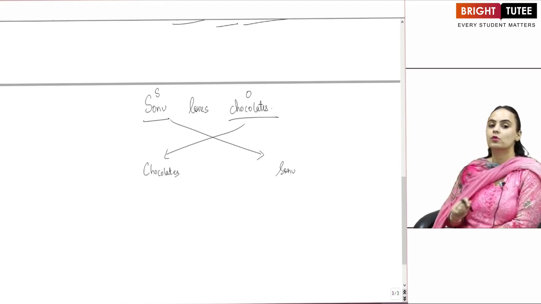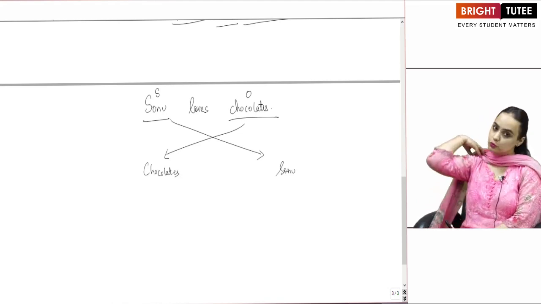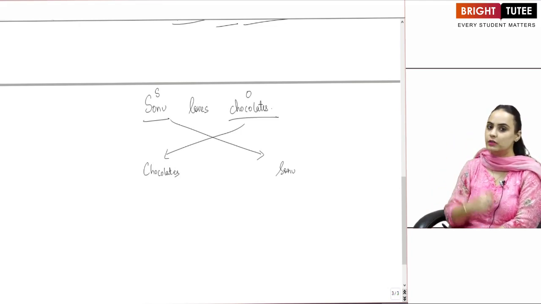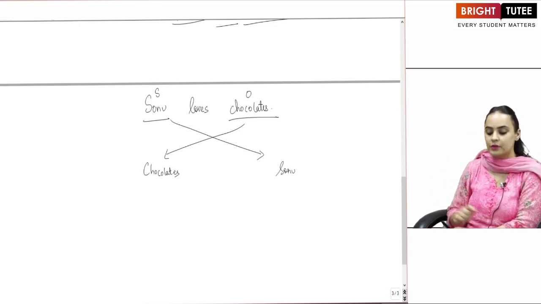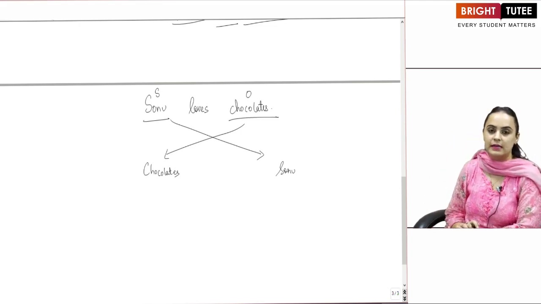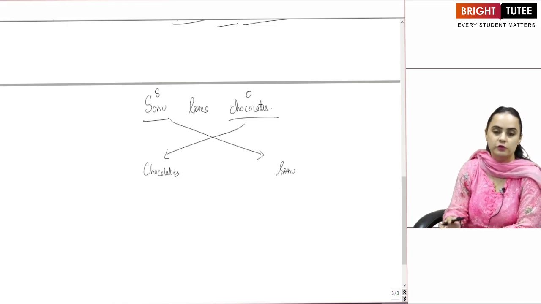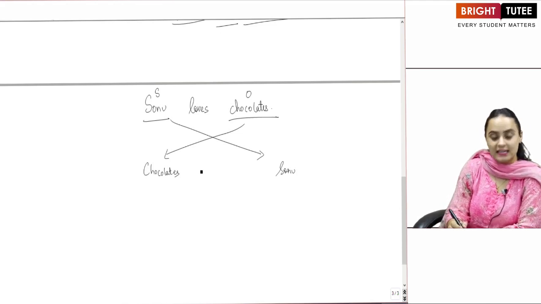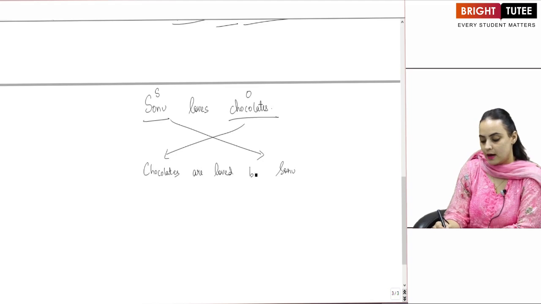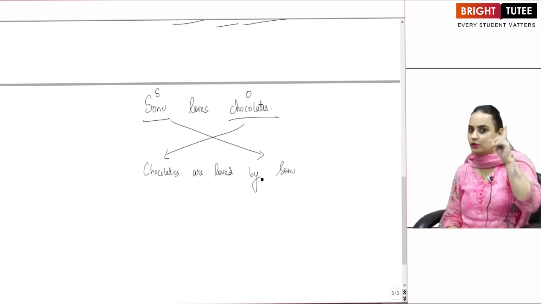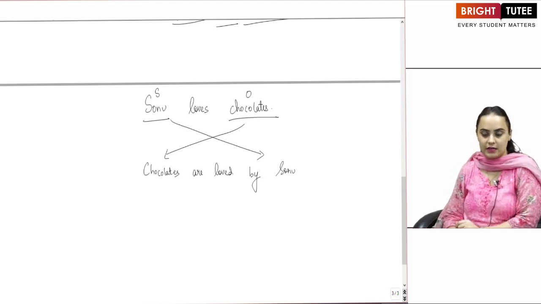The verb is going to change according to the rules that I shall be teaching you in the later part of my video. But right now, since I'm explaining this to you, Sonu loves chocolate, which is an active voice, changes to chocolates are loved by Sonu. So, what is the first thing that we have learned?